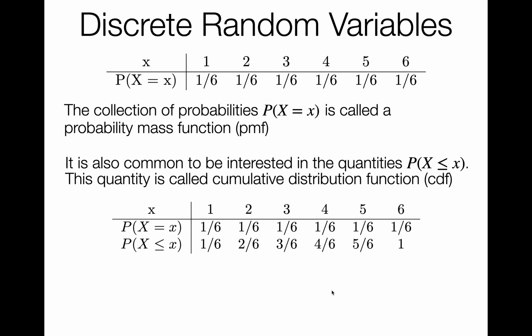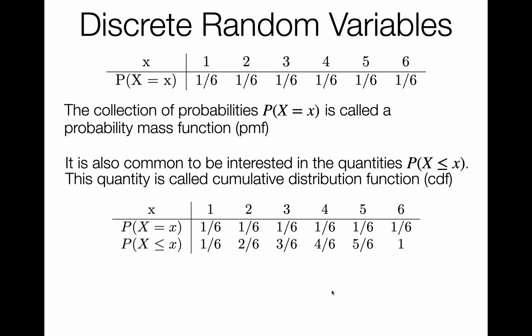Okay, so in the first line of my table-ish thing here, I have the outcomes of the random variable. Second line is my probability mass function, PMF. It tells me the probability at a specific point. And then the third line is the cumulative distribution function. It tells me the probability that X is less than or equal to some specific value.